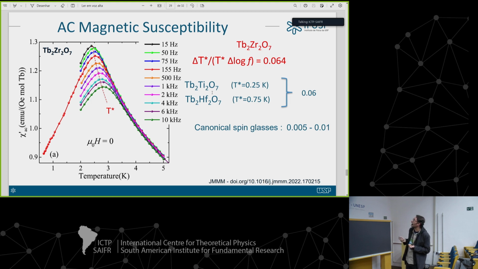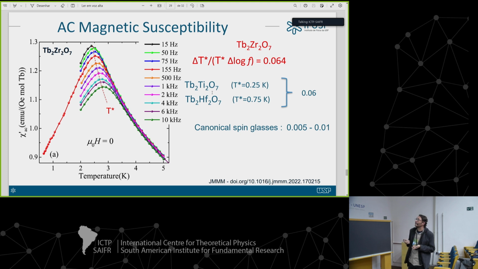They show this displacement of the peak very close to the one we measured, but with one big difference, right? We are seeing this at 3 Kelvin, which is roughly 10 times higher than the temperature where they observed this kind of phenomenon for these two materials.